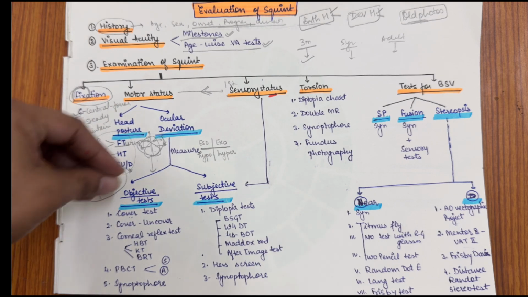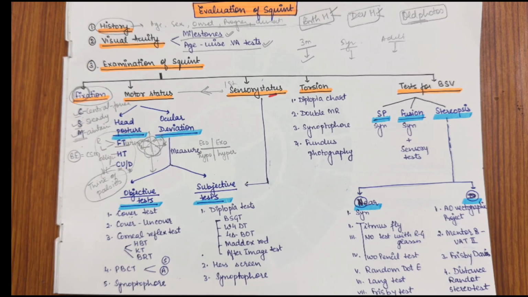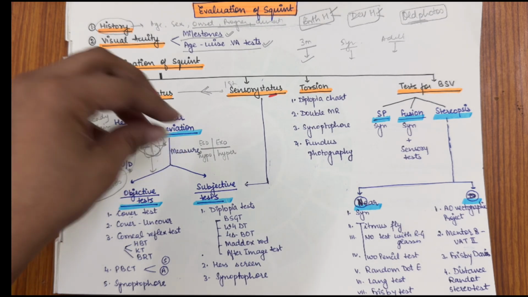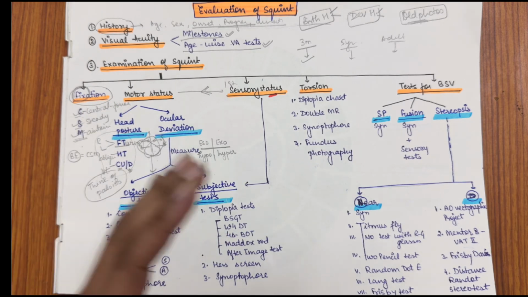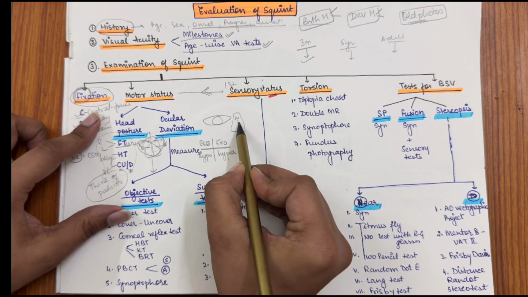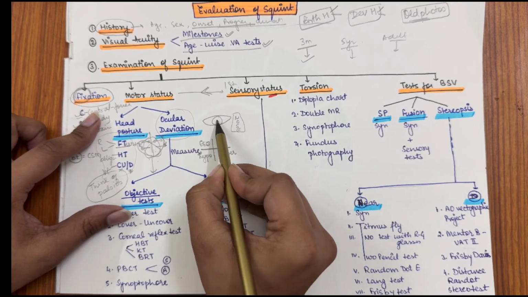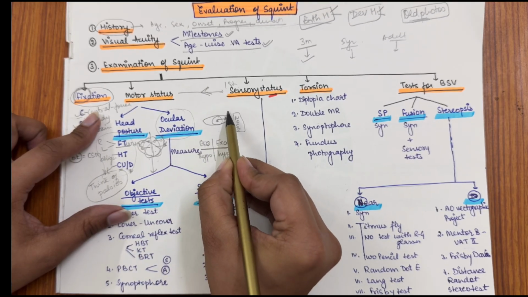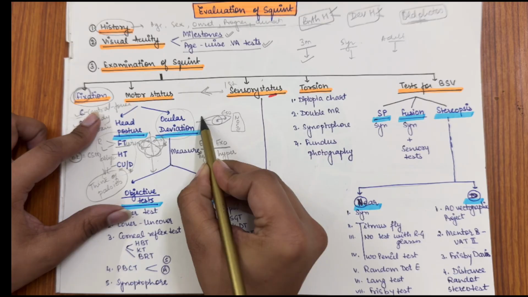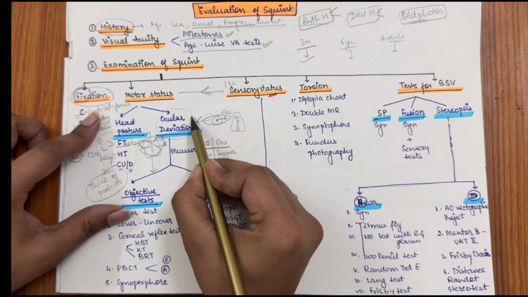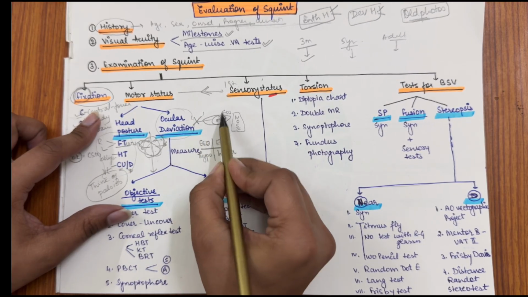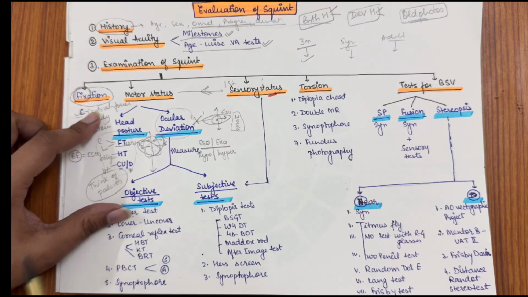In other squints, head posture would be normal. Now the eye will be deviating to one side. Like this is the nose, so where will this eye deviate? Either it will go inside, that is eso, or it will go outside, that is exo, or hyper or hypo. These types of deviation can be there.